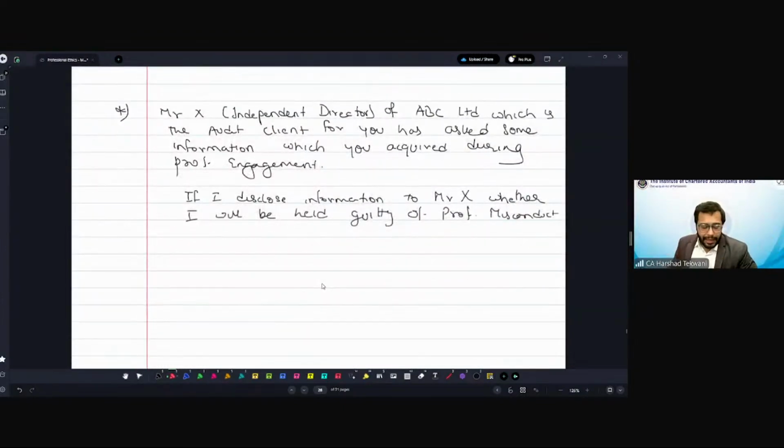Okay, in that case, there is a particular requirement under SA 260 plus 265 where I need to provide information to Mr. X or audit committee or those charged with governance. So in that case, I have to disclose, and that is required by law.